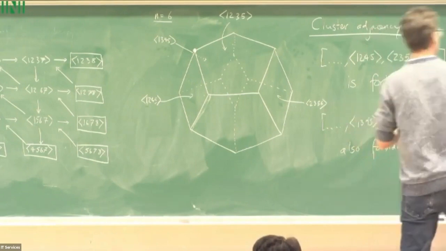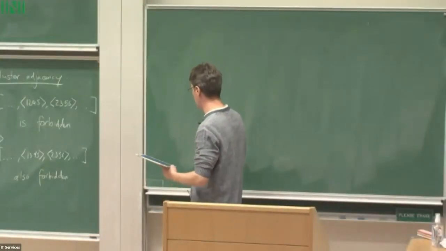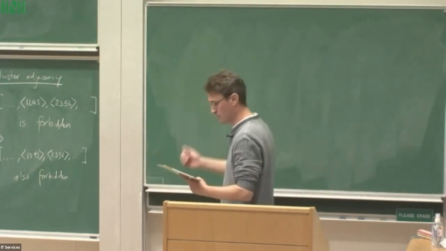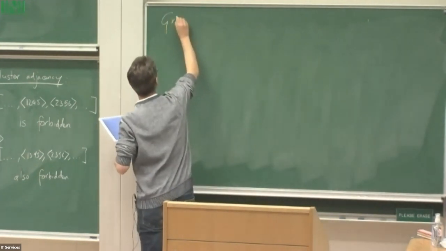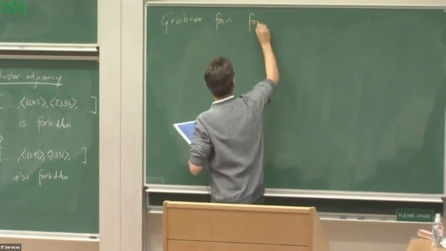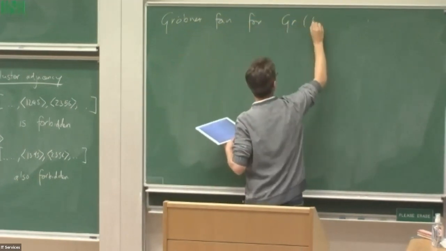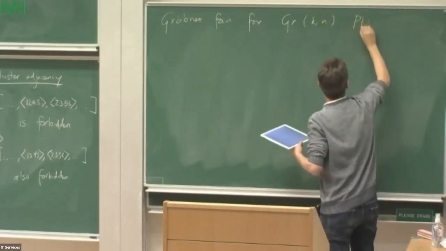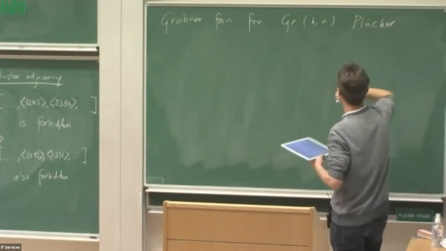Now, what I want to do is to recover this structure without the cluster algebra, really. I just want to study the Gröbner fan for GR4n, or more generally, I guess I can do GRkn, starting from just the Plücker relations for the Grassmannian.